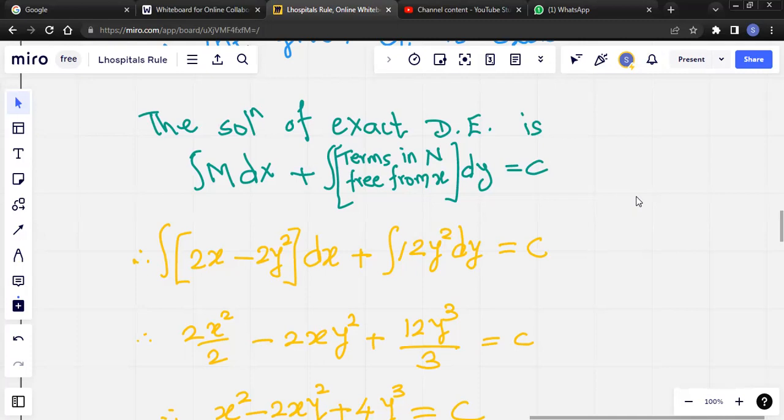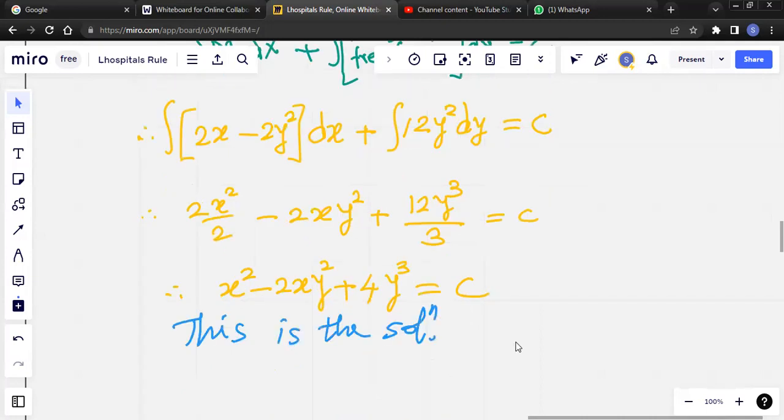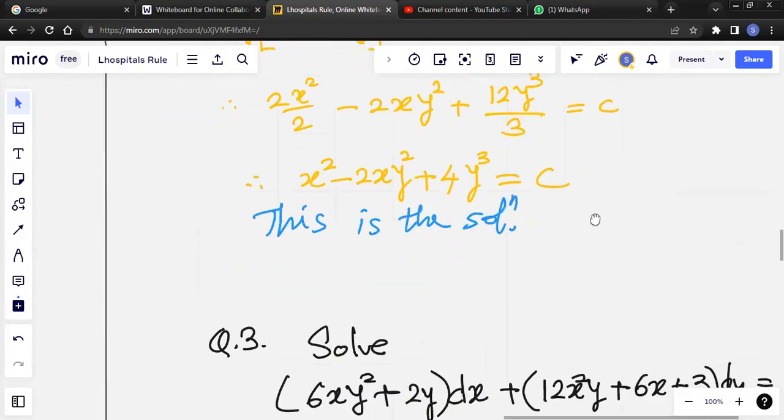So integration of x will be x square by 2, coefficient 2 as it is, minus integration of 2y square will be 2xy square, then that of 12y square will be 12 times y cube by 3, and after simplification the answer is x square minus 2xy square plus 4y cube equal to constant.